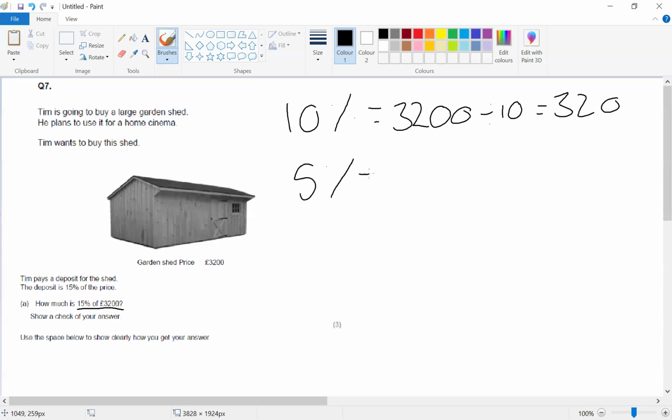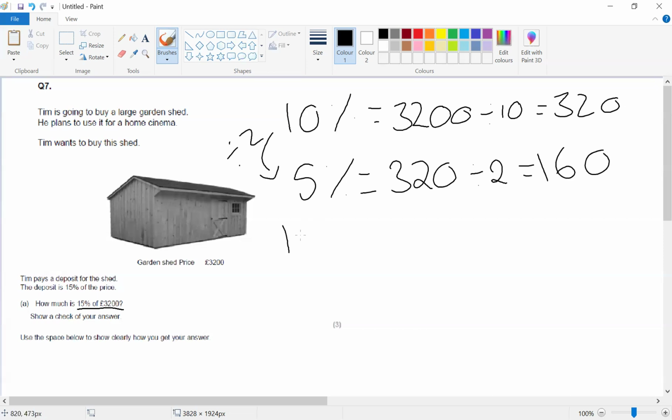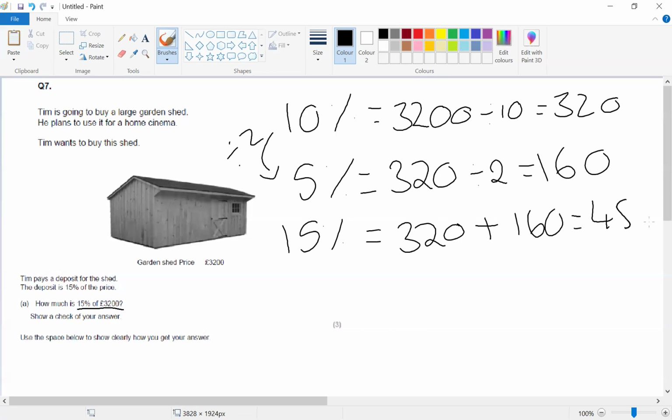Then your 5% will be that 10% divided by 2, so you would divide your answer by 2, which is 160. To get the full 15%, you would do your 10% plus your 5%, which is 480. So the answer, and you do need to remember your unit of measure being pounds, is 480.